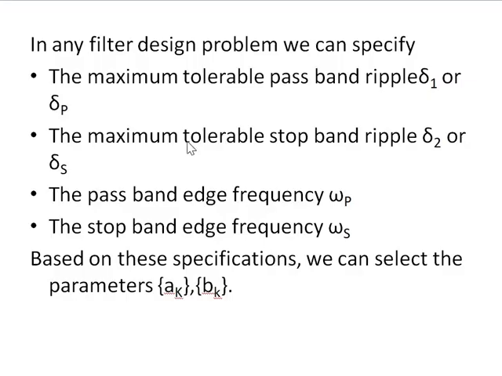To do any filter design, mainly 4 specifications are required: the maximum tolerable pass band ripple del 1 or del p, the maximum tolerable stop band ripple del 2 or del s, the pass band edge frequency omega p, and the stop band edge frequency omega s. Based on these specifications, we can select the system parameters like a k, b k.